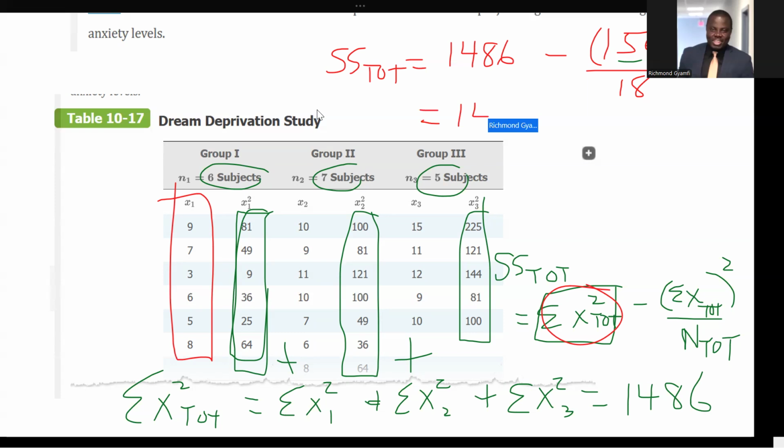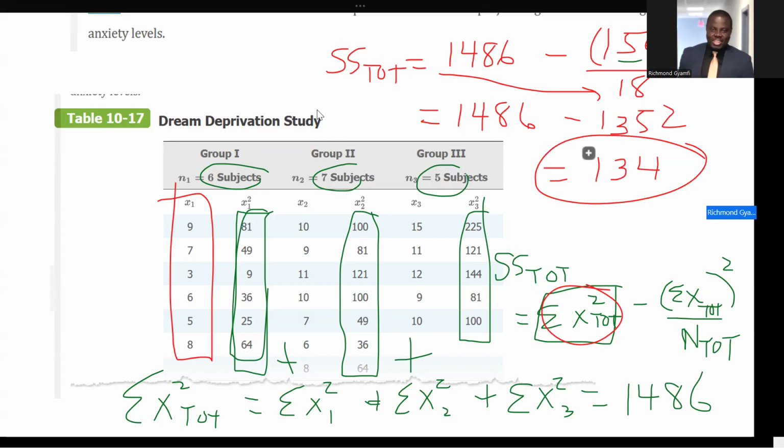Just because of the calculator we use, that's why I'm doing it backwards. But if you have a good calculator, you could do it that way. 1,486 minus that will give me 134. So my sum of squares total is 134.